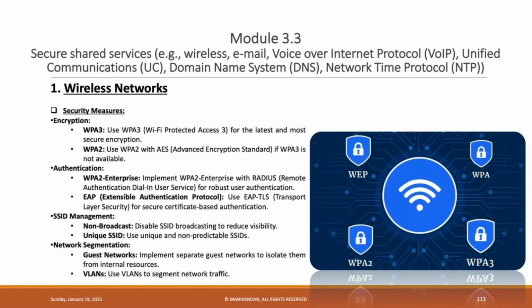Live example: when you visit 7-star or 5-star hotels, you must have seen that guests have a separate guest network which only has access to the internet. That guest network is completely isolated from the internal resources. That is network segmentation, which we can do at the wireless level. And finally, use VLANs to segment the network traffic.